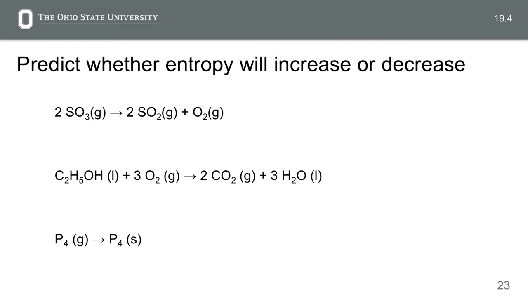Questions? Let's look at this first example. Here we have 2 SO3 in the gas phase forming 2 SO2 in the gas phase plus O2 in the gas phase. Expected to see an increase or decrease in entropy? Increase, yeah. Why is that? More moles of gas.